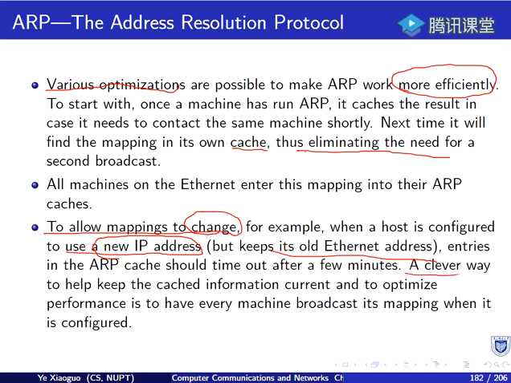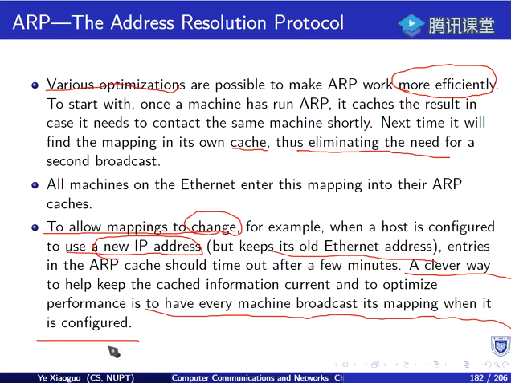A clever way to help keep the cache information current and to optimize the performance is to have every machine broadcast its mapping when it is configured.